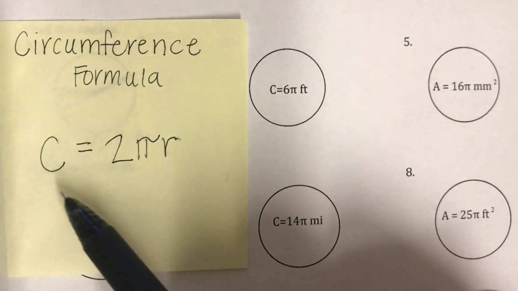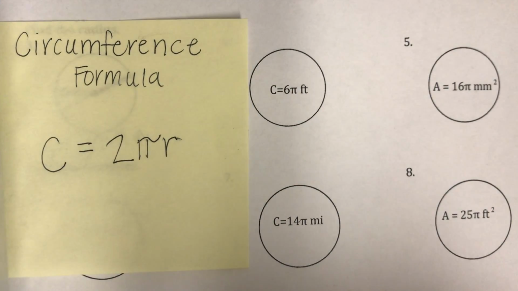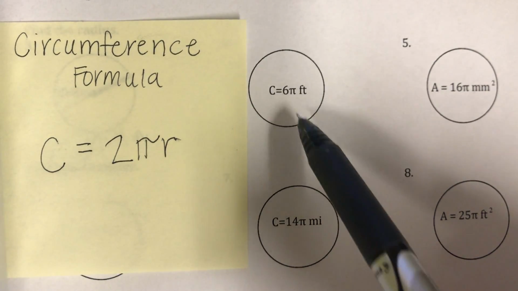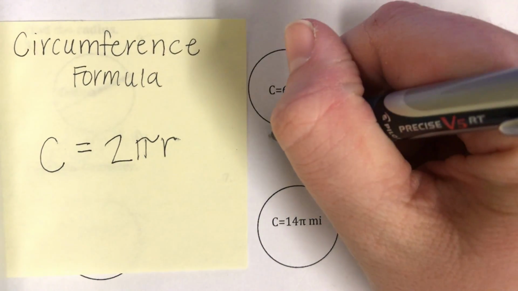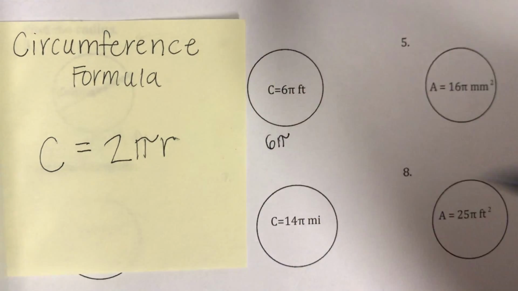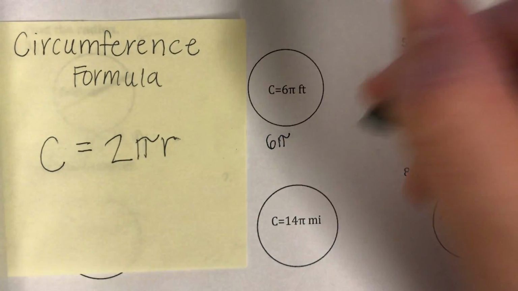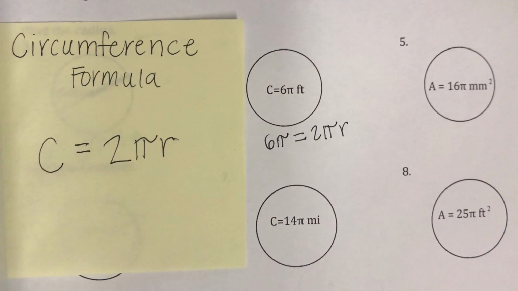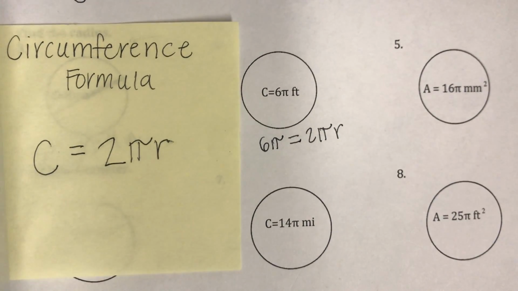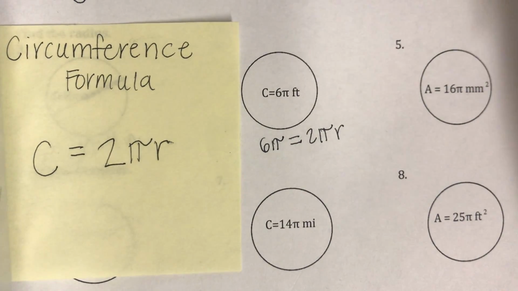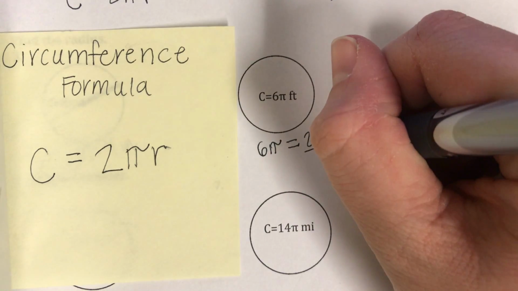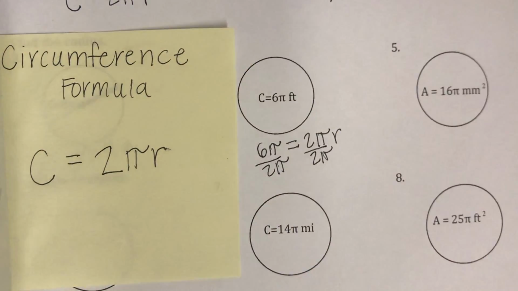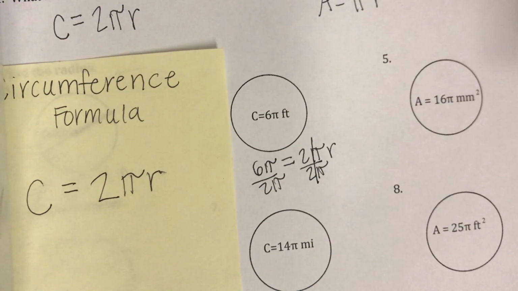So we have that C is equal to 2 pi r is the original circumference formula. So we know that circumference is equal to 6 pi. So we're going to plug in 6 pi for circumference, and we're going to say that is equal to 2 pi times the radius. Now we need to get r by itself. So to get r by itself, we're going to divide by 2 pi on both sides.